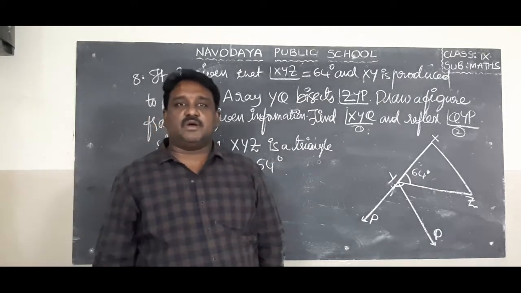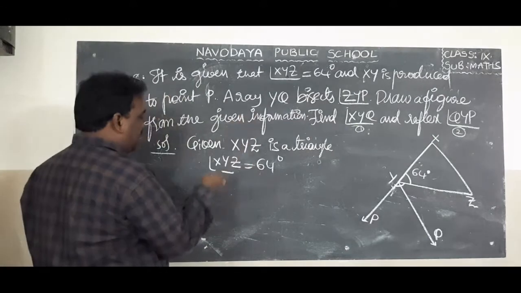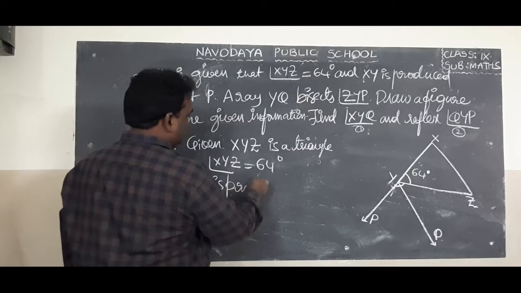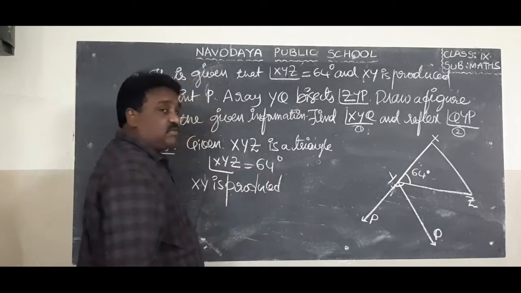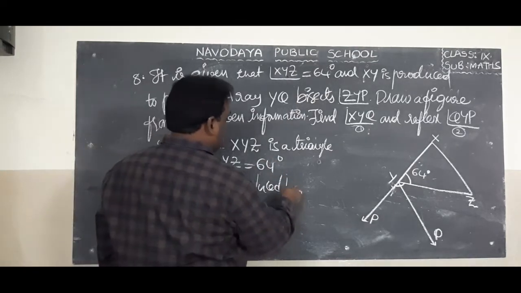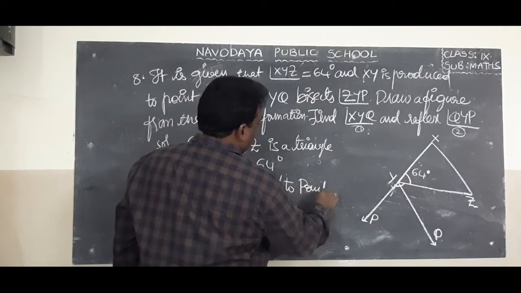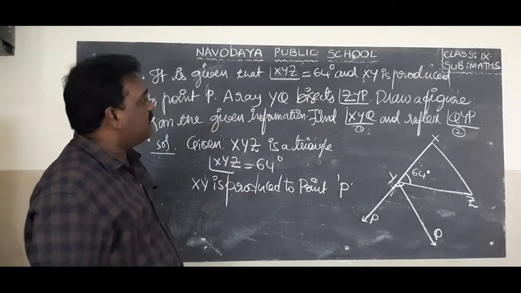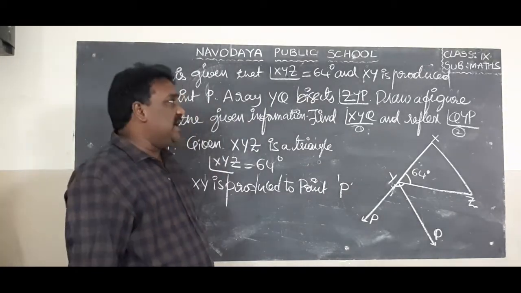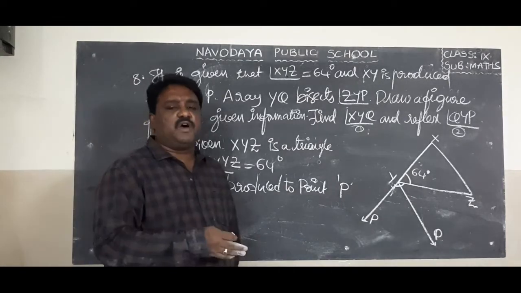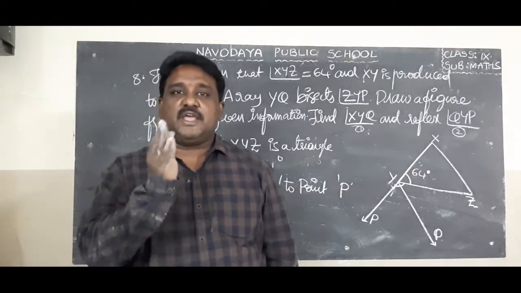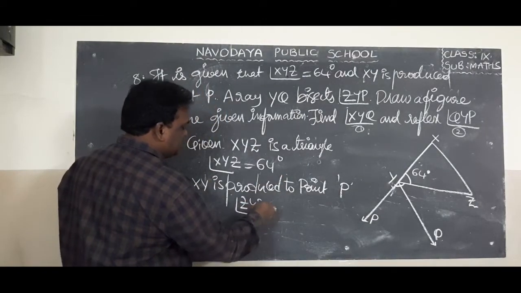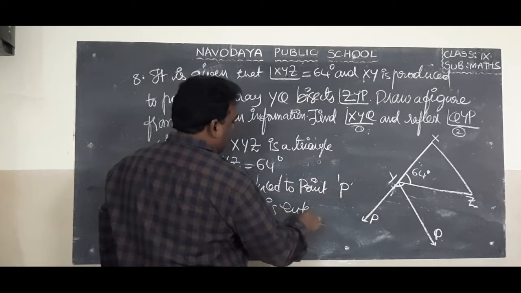What is the third point? XY is produced to point P. Third point. What is the fourth point? YQ bisects angle ZYP. ZYP is what? ZYP is exterior angle. Okay na? Angle ZYP is exterior angle.